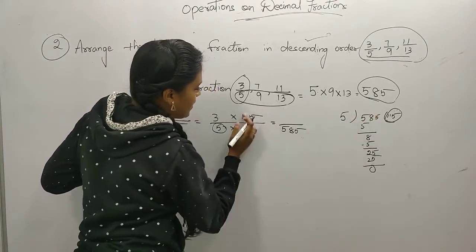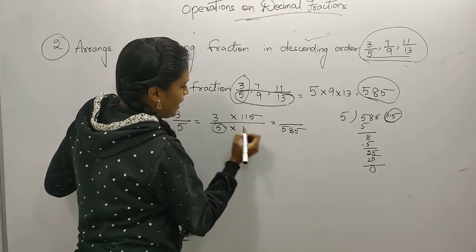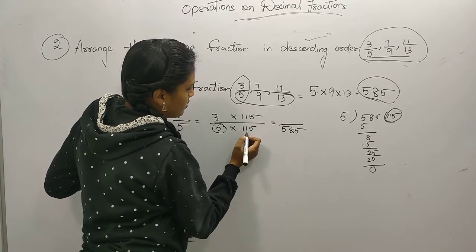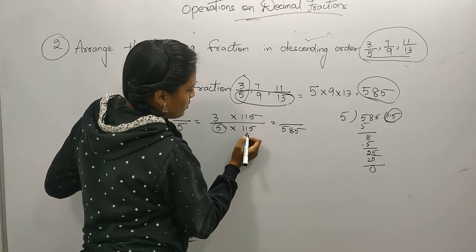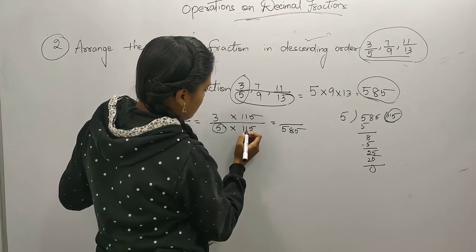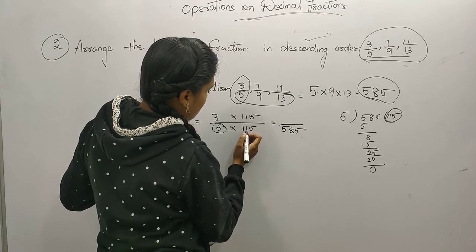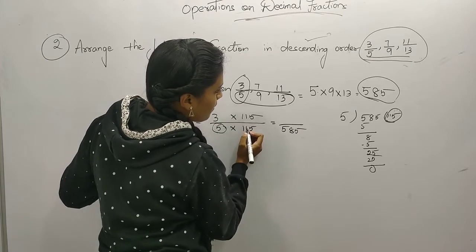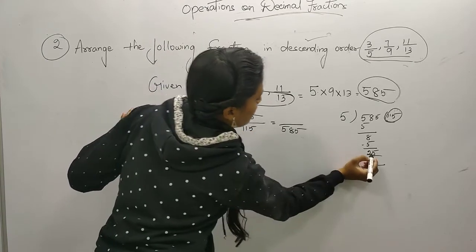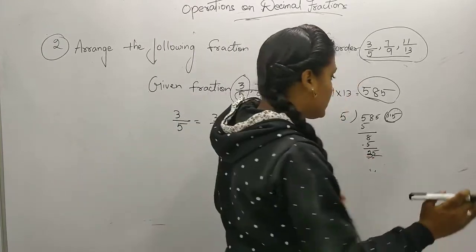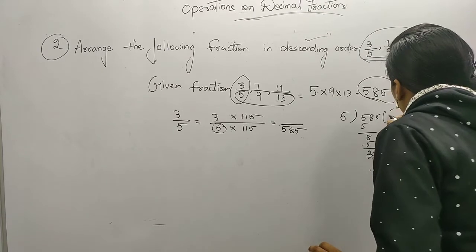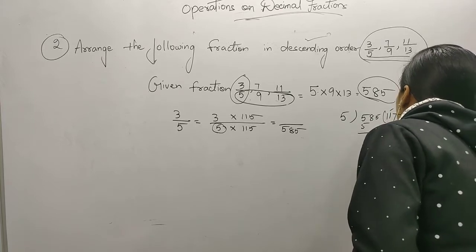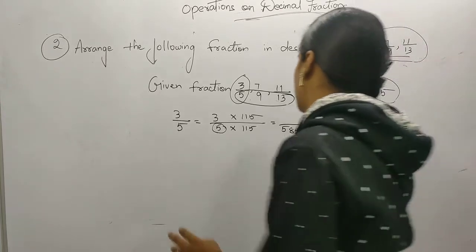Here the 117 is multiplied with both. Sorry, 35, just a small mistake. 5 into 7 is 35. 0. 117.